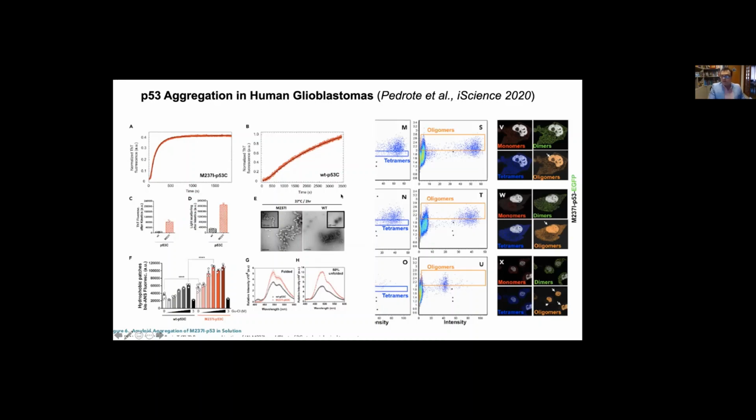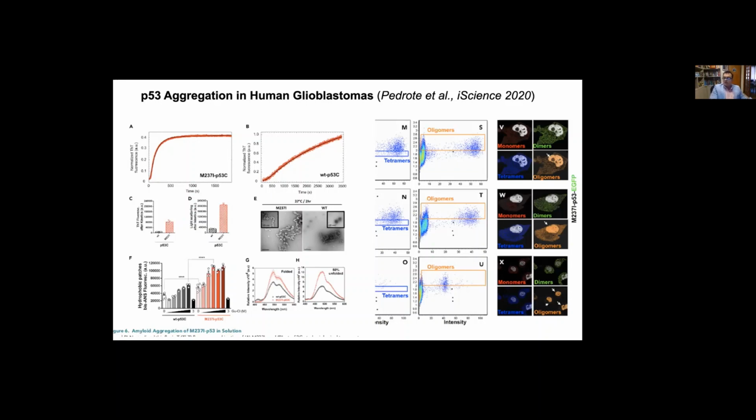And in this particular work, we can see aggregation when we fix the cells and do histo-microscopy and treatment with antibodies, but we're interested in watching whether this would occur in living cells. For that, Murilo used new cells transfected with EGFP-p53 and compared wild type and mutant, clearly using fluctuation microscopy.